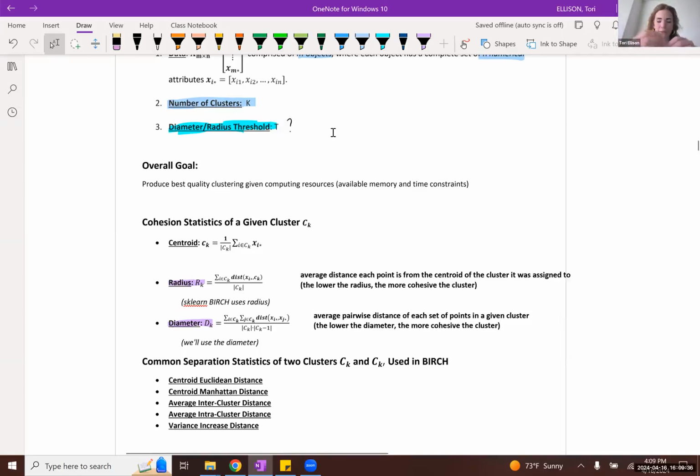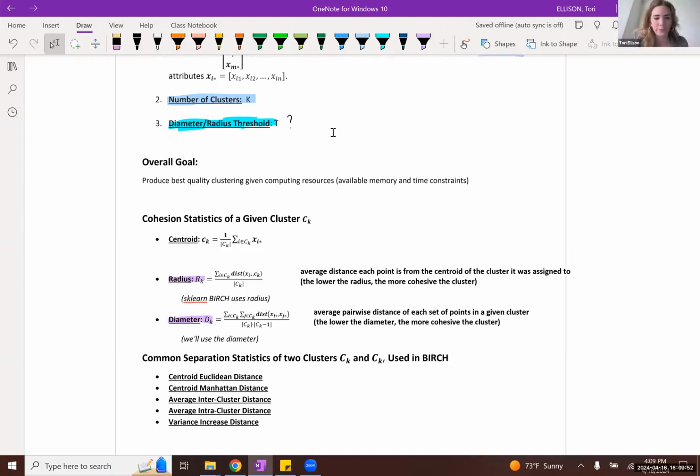So if the inclusion of that given observation in that prospective cluster would cause the diameter or the radius to go above the threshold, what we do is create a new cluster based on just that new point. That new point forms its own new cluster.